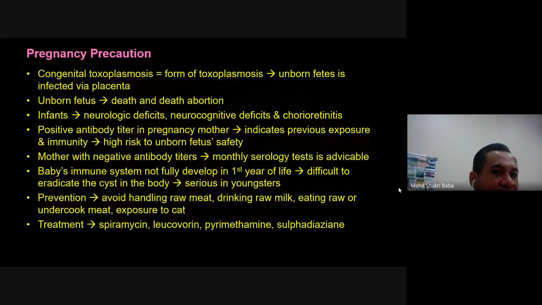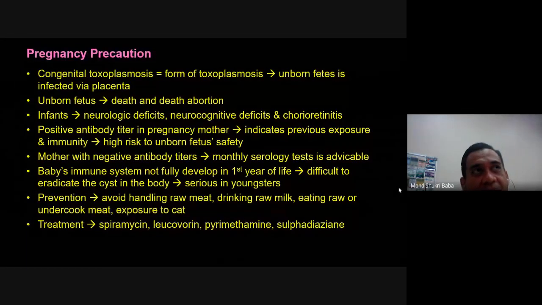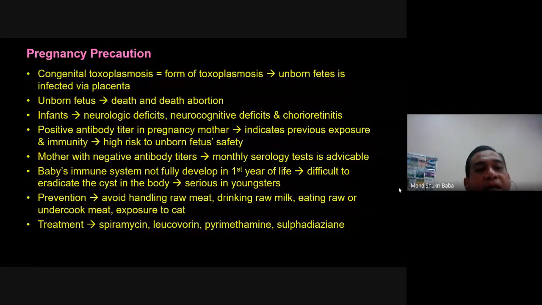For the unborn fetus, it can lead to death and abortion, dying in the womb. In infants, it can cause neurological and neurocognitive deficit and chorioretinitis. When we say retina, it is not the eye itself. A positive antibody titer in a pregnant mother indicates previous exposure and immunity. So it is a high risk to the unborn fetus's safety.